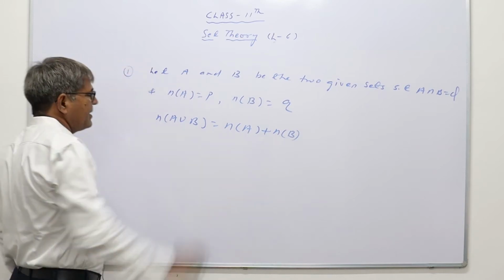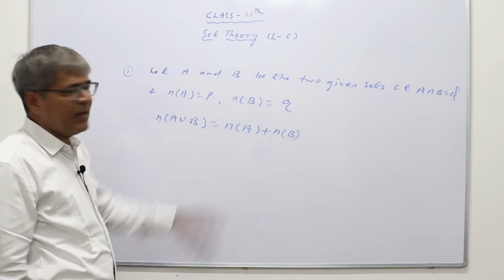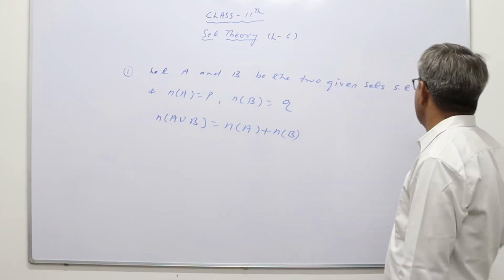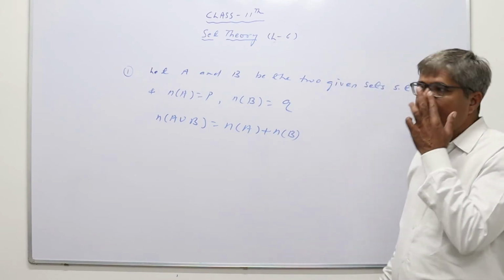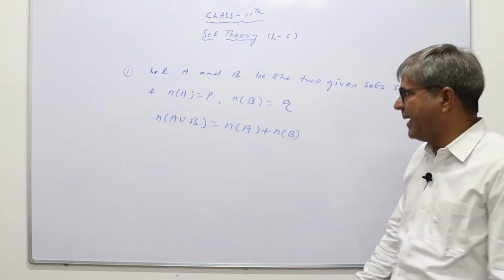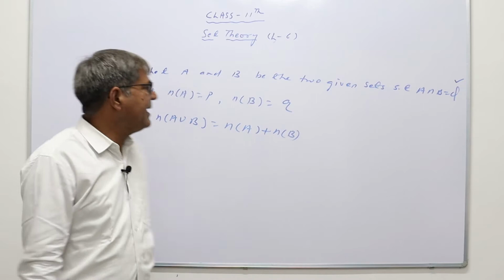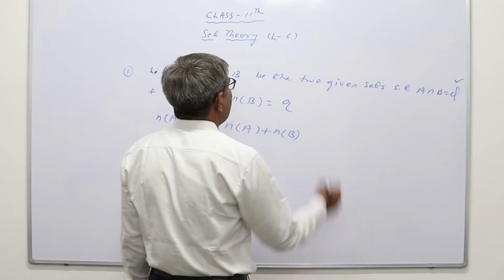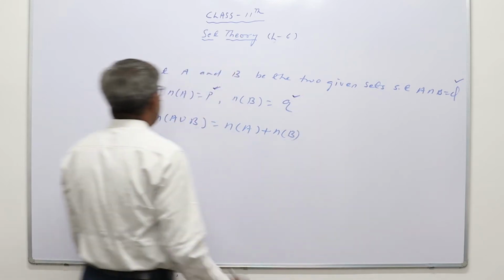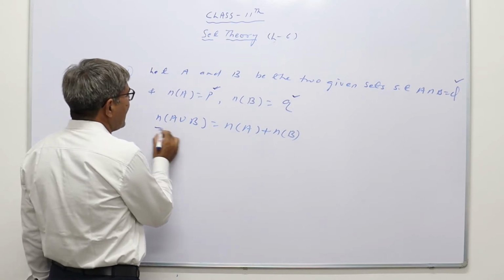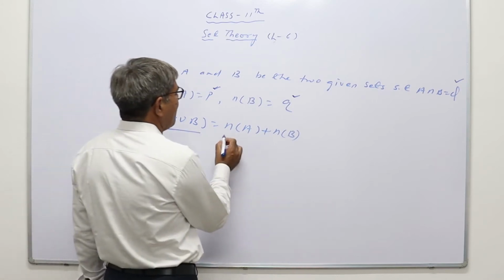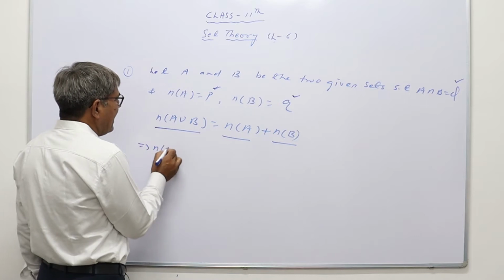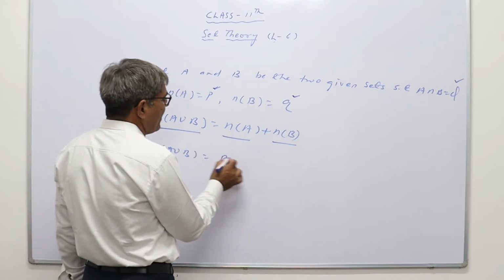This is the first case, when two sets A and B are given and the intersection of sets A and B is phi, which means there is no common element in the given sets A and B. If the number of elements in set A is any finite number P and the number of elements in B is another finite number Q, then the number of elements in set A union B is defined as the number of elements in set A plus the number of elements in set B, which implies that n(A union B) is equal to P plus Q.